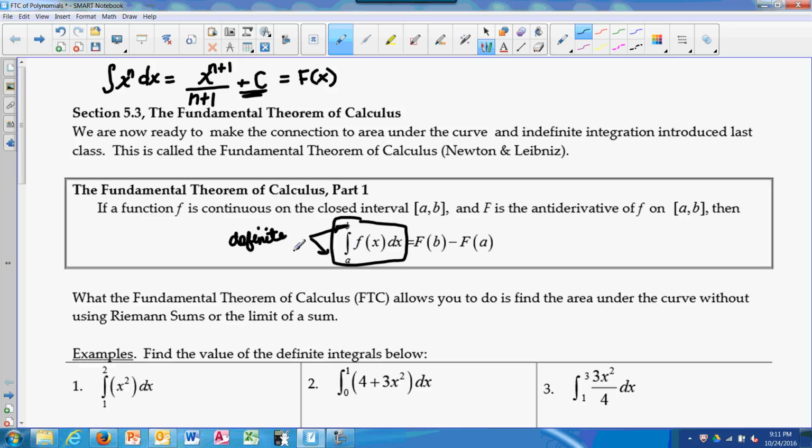The fundamental theorem comes into play in that if we can find an antiderivative of the lowercase f, and it happens to be that the antiderivative is capital F, then we can substitute the values of b, the top value, and a, the bottom value, and it's F of b minus F of a.